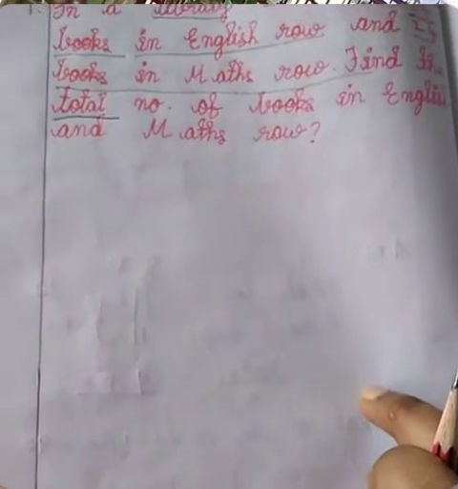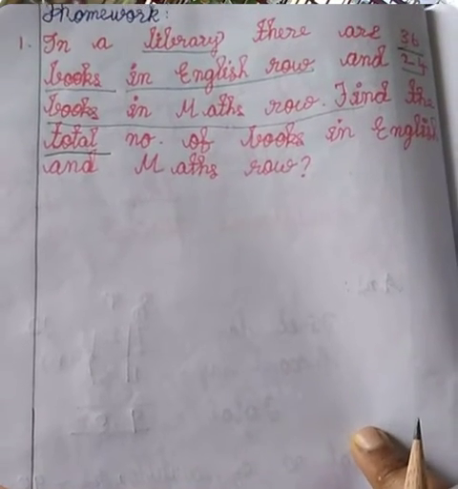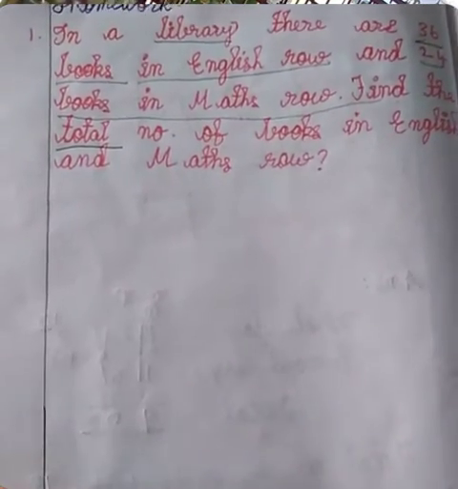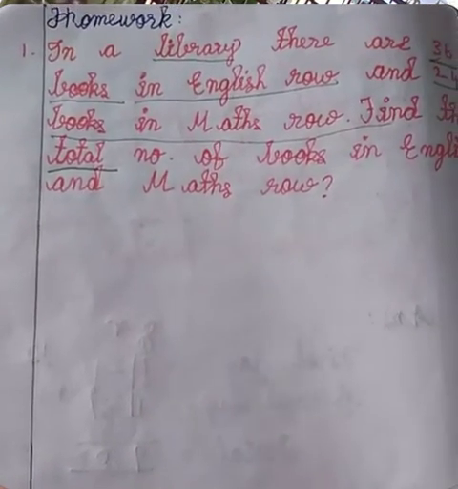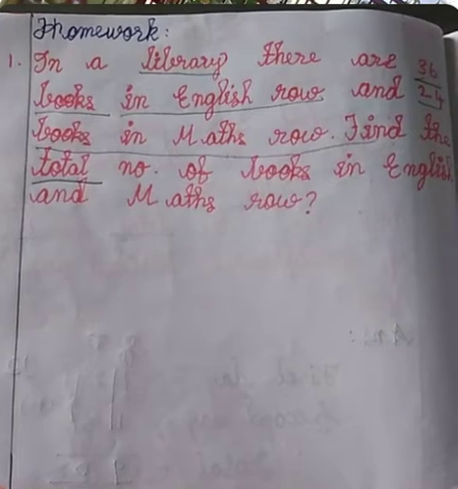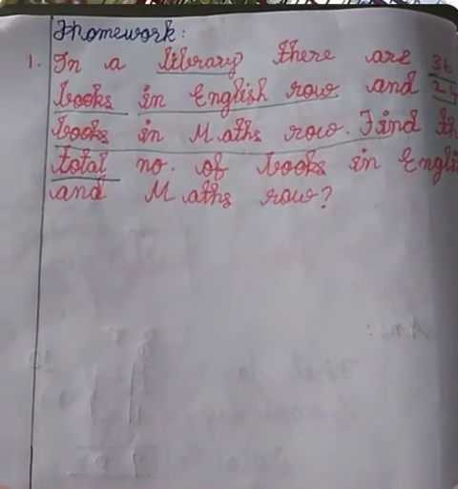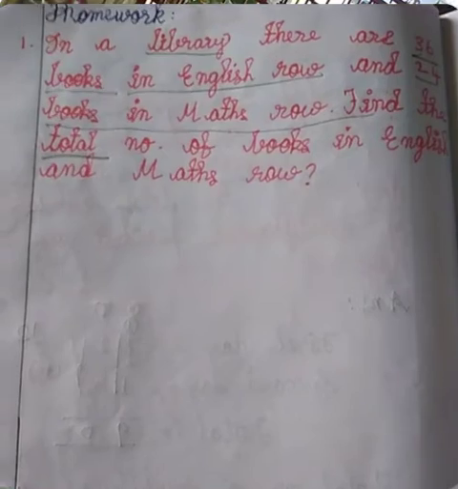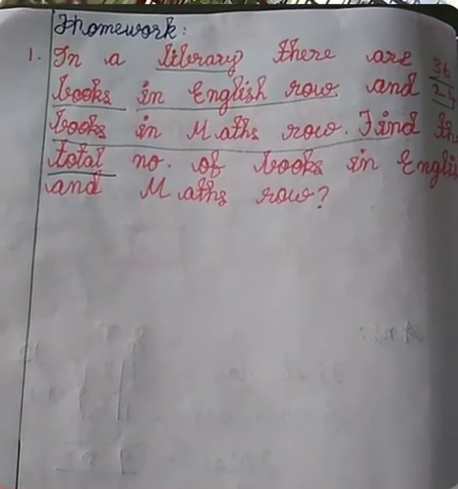In the last line you have to write: therefore, the total number of books in the English and Maths rows equals the answer. That is called a story sum. I hope all are very clear about the story sums. Do the homework very correctly and neatly. Thank you.